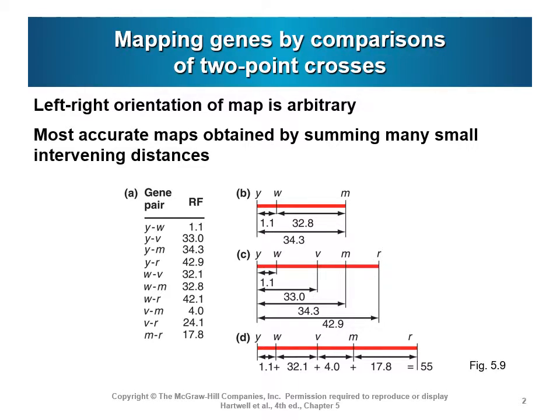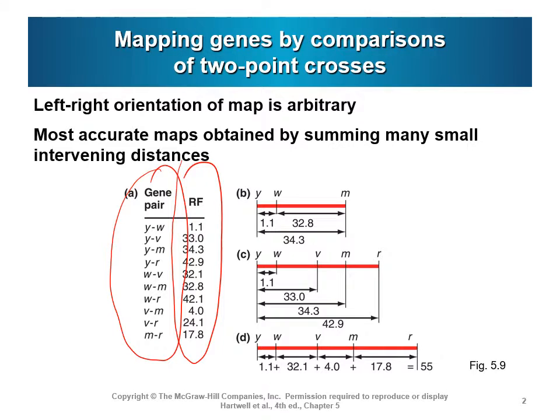So here on the graph we have gene pairs, and we have the recombinant frequencies about which we talked during our last lecture. Now let's look and prove what I have said before about accuracy of smaller pieces of gene mapping. Here we have YW and WM.